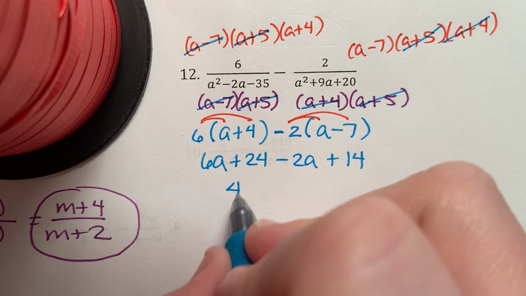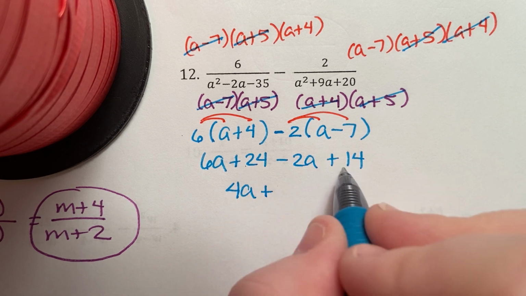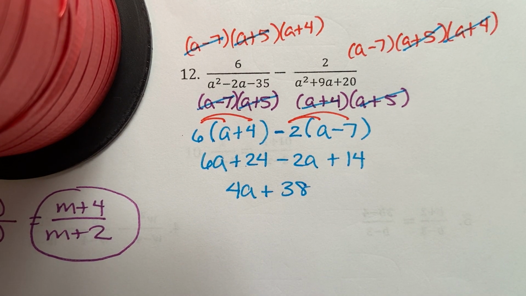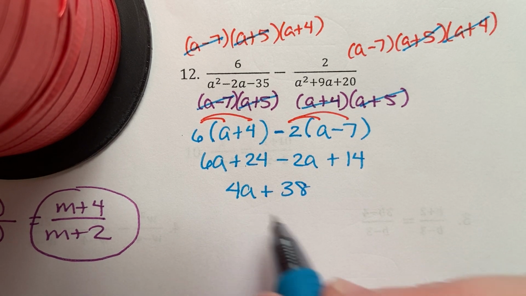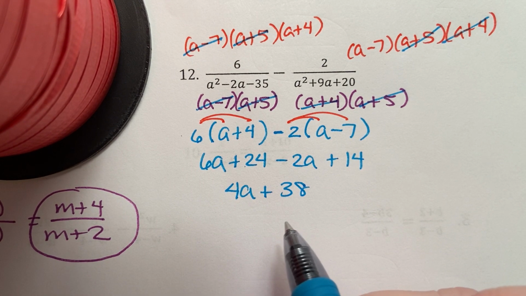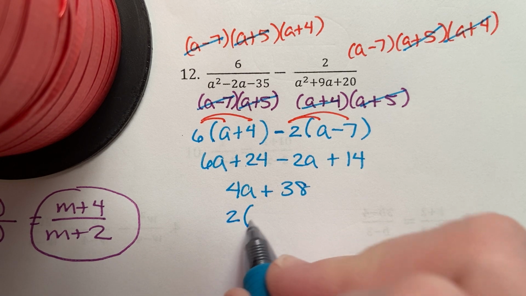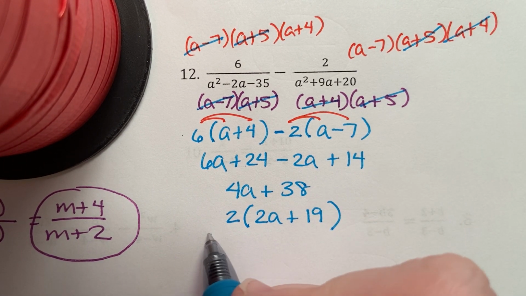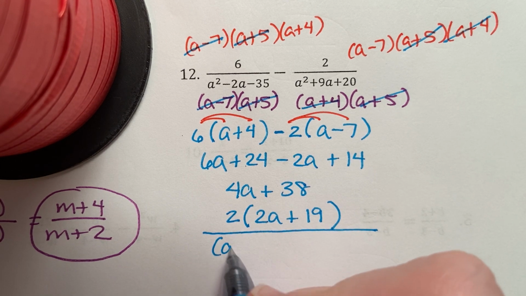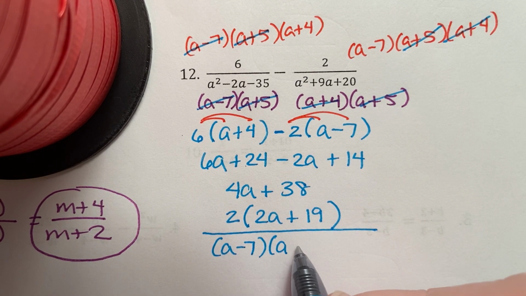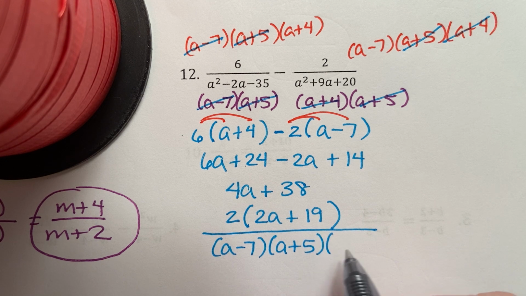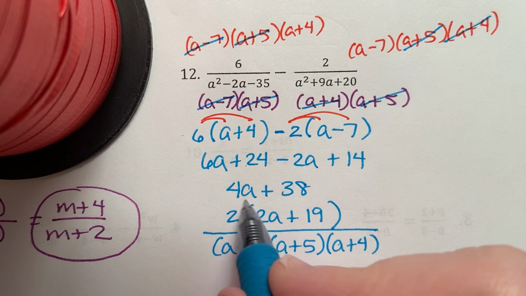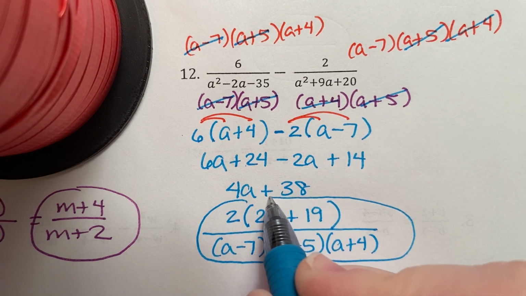Combine my like terms, so 4a plus 38. And I'm going to factor if possible, which I can only factor out a 2, so that would be 2 times 2a plus 19. Bring back my denominator, which is a minus 7, a plus 5, and a plus 4. And nothing cancels out, so this is my final answer.